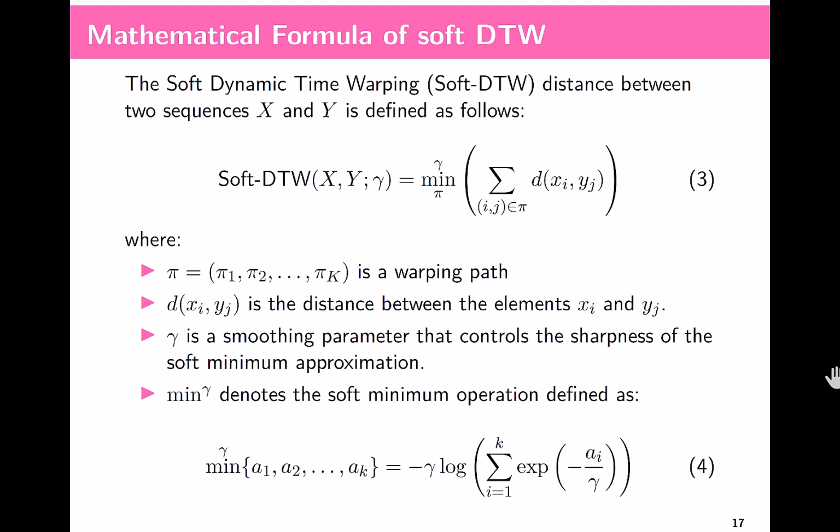The soft minimum operation is defined as the minimum of a1 to ak equals negative gamma log of the sum of e to the negative ai over gamma.